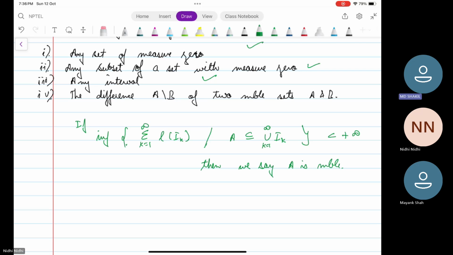Eventually you can use the same collection of interval covers, so the difference is also a measurable set. The measurable sets form a sigma algebra, right? Okay, then that means you have basic information related to measure theory. So this question is fine.